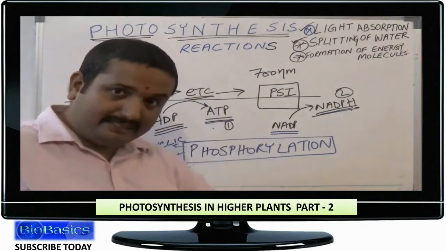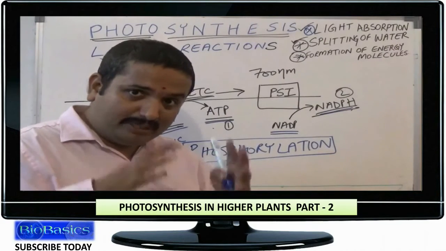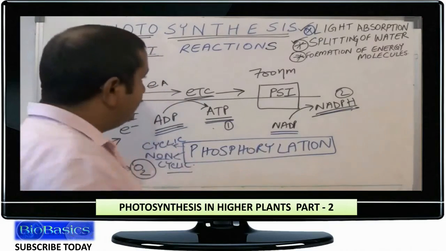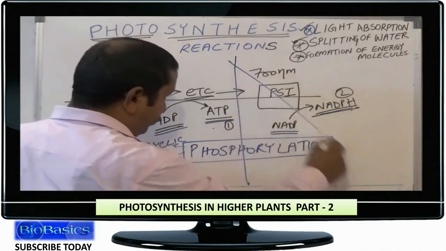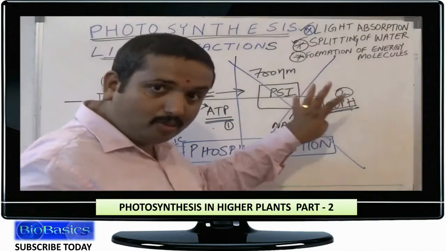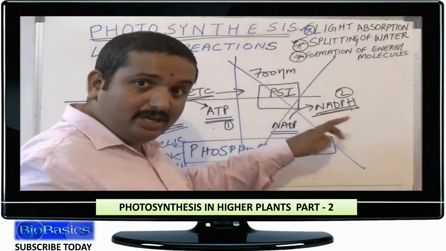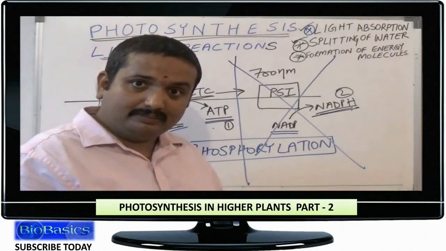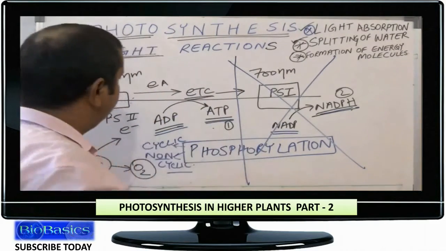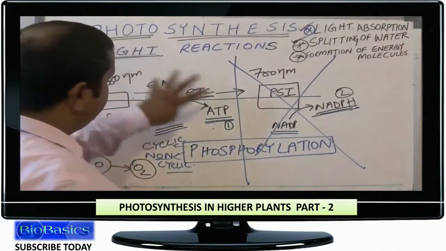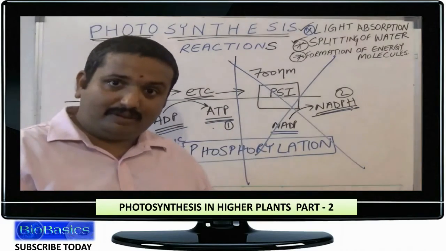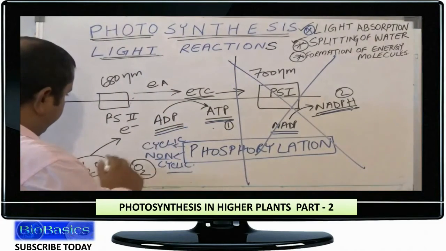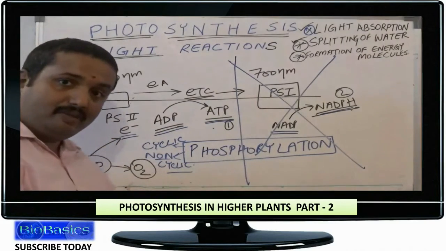Now suppose, let us imagine that there is a situation where there is only a wavelength of 680 nanometers coming inside. Then this system is shut off. Okay, this system will not work because it gets activated only when it receives a wavelength of 700 nanometers. That is one reason. So the entire process will start happening only here, the formation of ATP molecules. So you have the generation of electrons from the splitting of water.